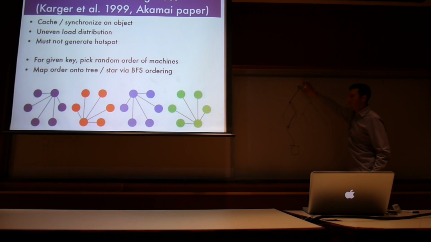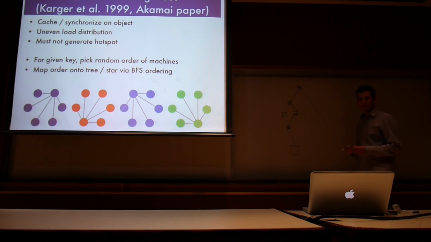Initially only the root will have the copy of the file. But if the root keeps on getting too many requests, it will say, okay, by the way, from this child we got too many requests, they get a copy. And if then this child gets too many requests, it might say, well, okay, by the way, these two guys get a copy. And then it bounces it further down, and so on and so on.